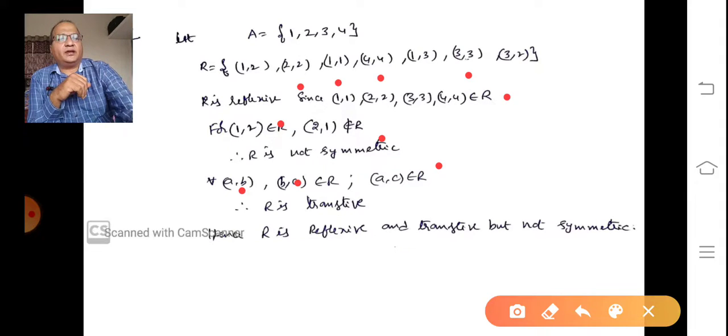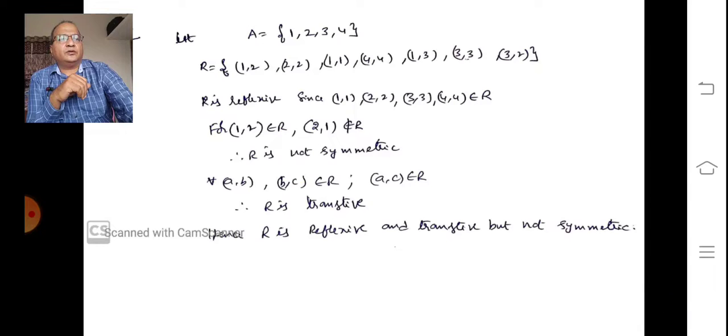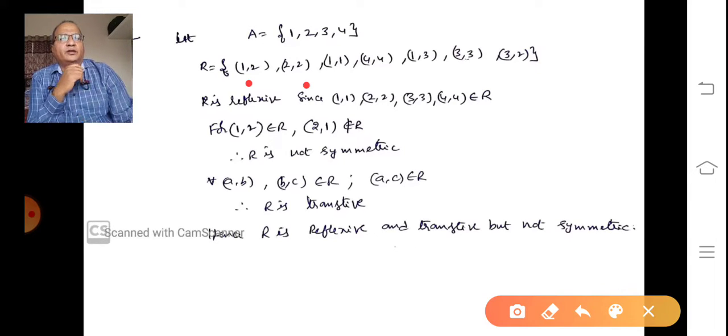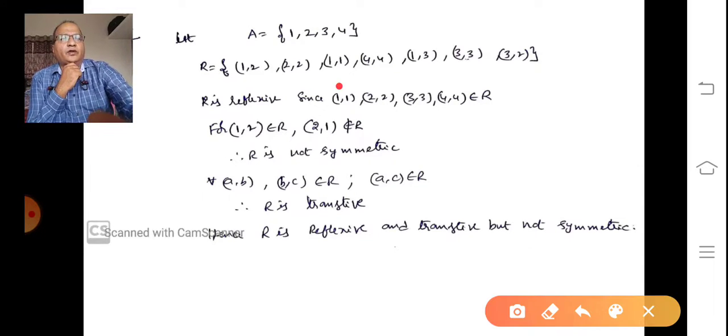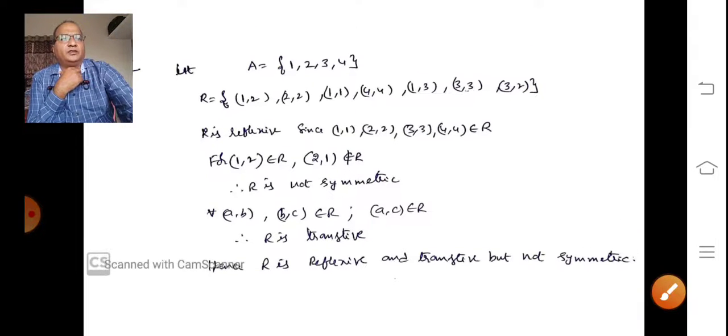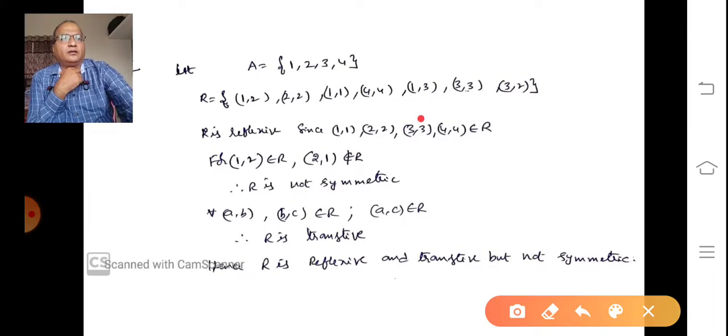For example, for transitive, you take (1,2), (2,1), you will get the resultant element (1,1). Or you take (1,1), (1,2), so (1,2) will come, which is also there. Even if you take (1,3), (3,2), you will get (1,2), which is there.